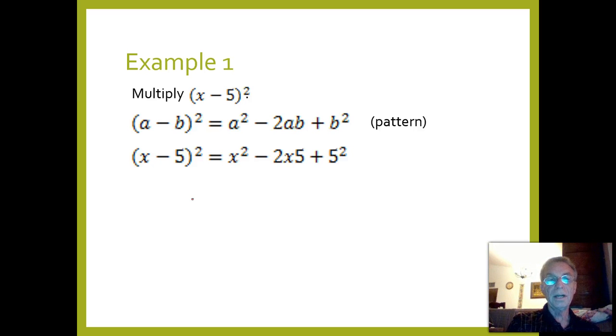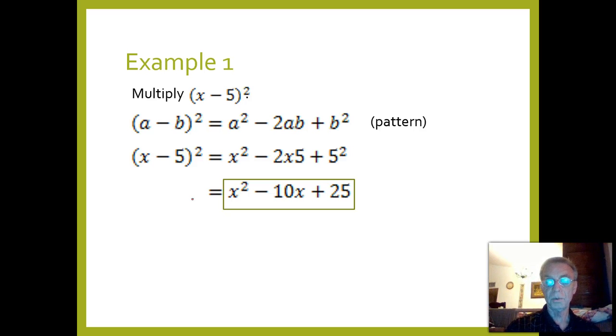The thing in the middle is minus, because that's what's between the two terms, and then we put 2 times x times 5. After we simplify, that gives us x squared minus 10x plus 25.